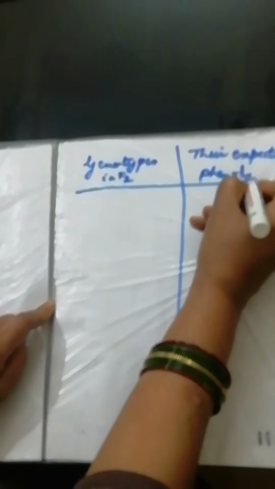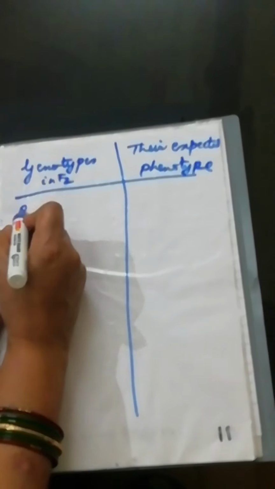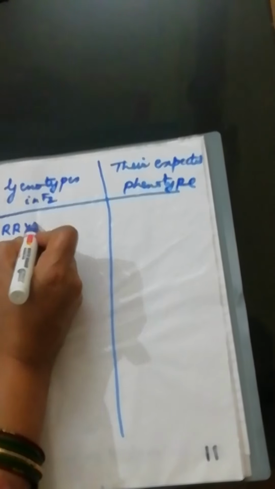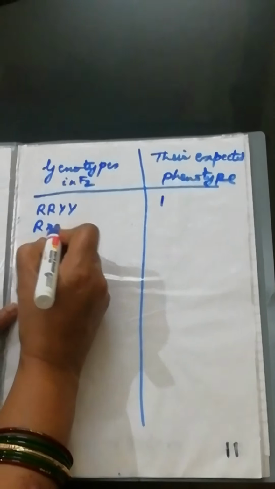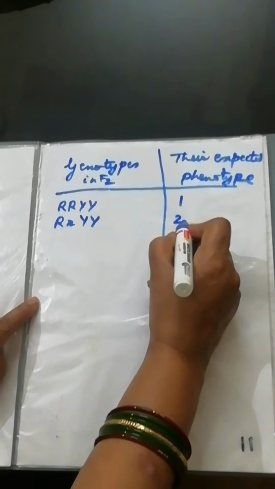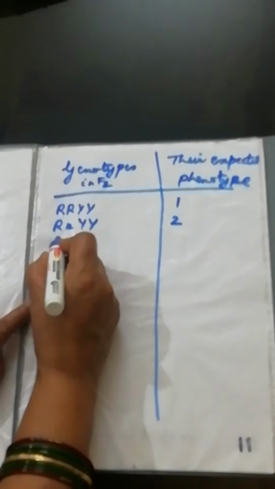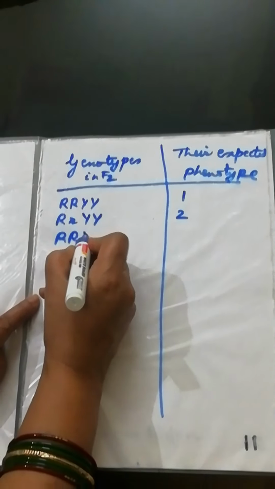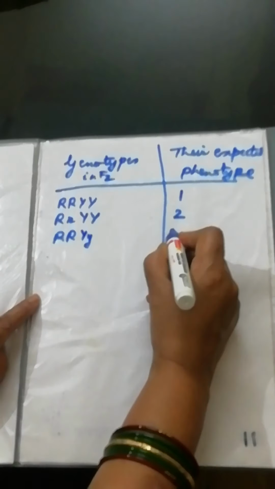If you calculate, you will find that capital R, capital R, capital Y, capital Y, this combination is found only 1. Now capital R, small r, capital Y, capital Y, it is found in the ratio of 2. And capital R, capital R, capital Y, small y, it is also found in the ratio of 2. And capital R, small r, capital Y, small y in the ratio of 4.